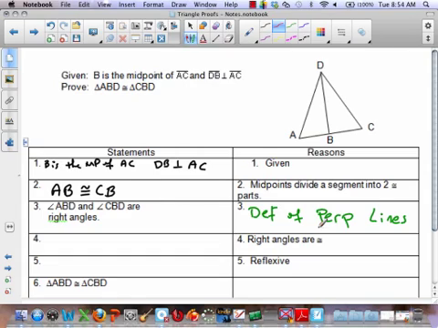Angle ABD is congruent to angle CBD. Okay, so let's mark off what we know so far. We know that AB is congruent to CB, and I know that I had these two right angles. So what's number 5 then?